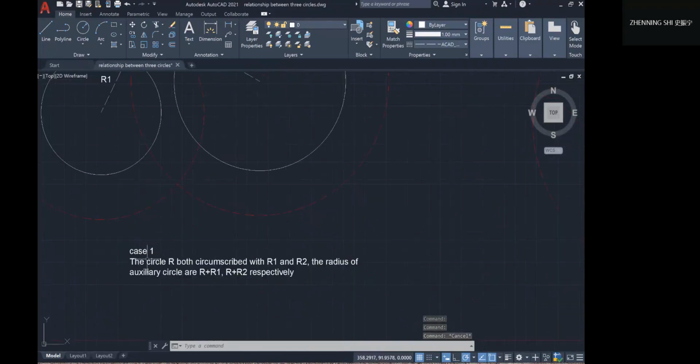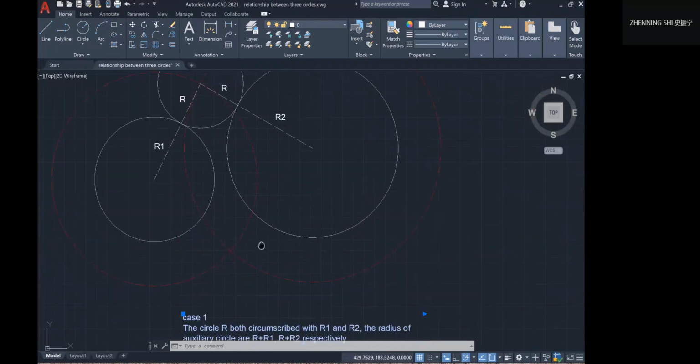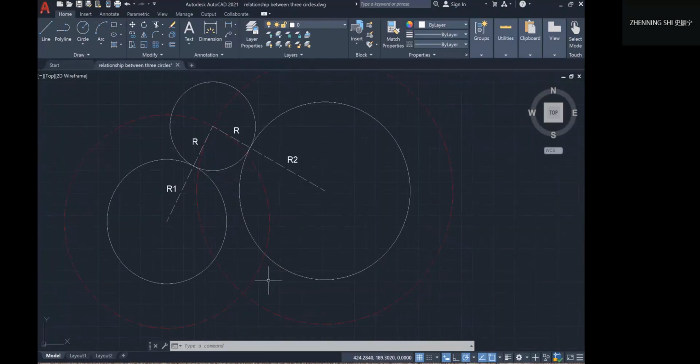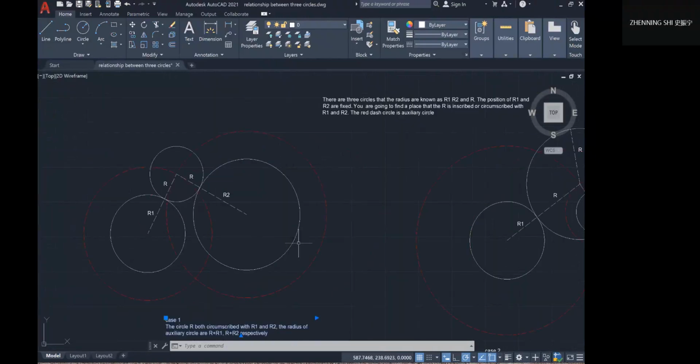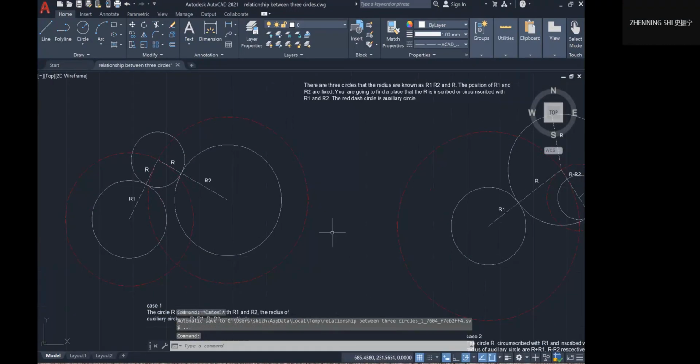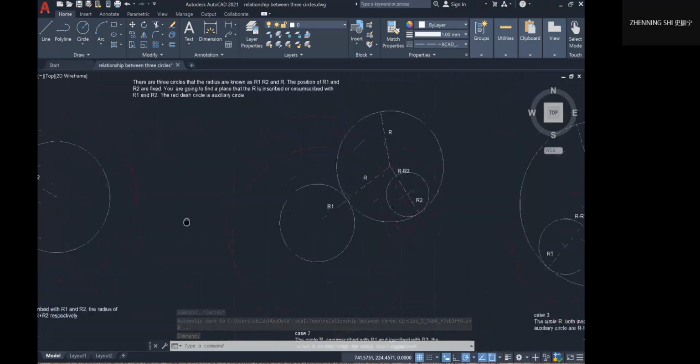I write down a sentence: the circle R is circumscribed with both R1 and R2. The radii of the auxiliary circles are R1 plus R and R plus R2 respectively. I think it's not very hard to understand. It's easy. If you can get it, we will go on to the next one.